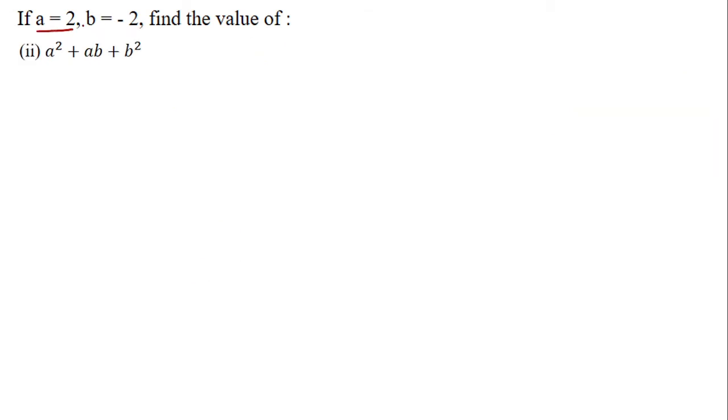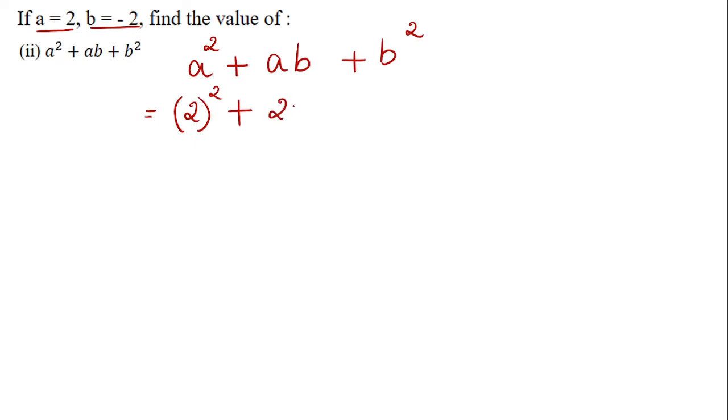If a is equal to 2, b is equal to minus 2, find the value of a square plus ab plus b square. So a square is nothing but 2 square plus ab. ab is a into b, that's 2 into minus 2 plus b square. b is minus 2 to the power 2.